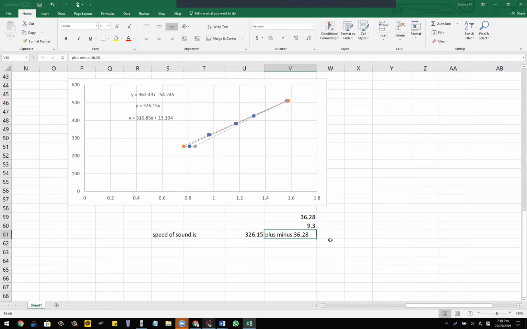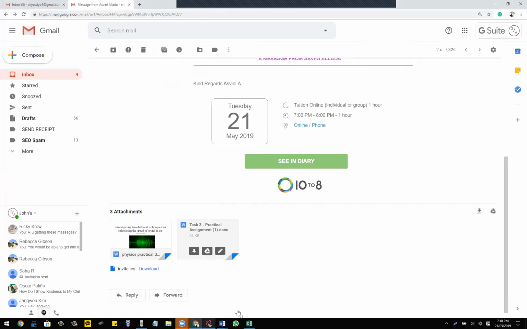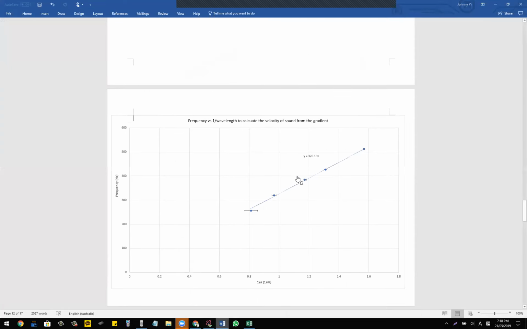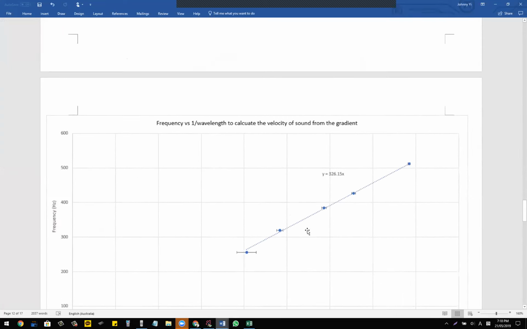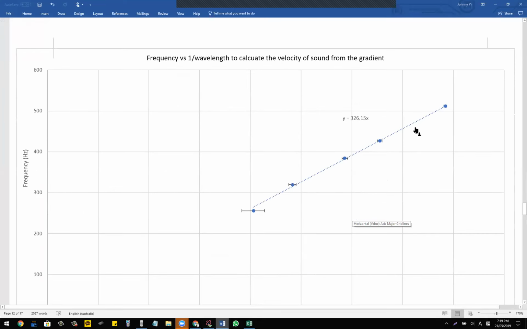So that's how you found the speed of sound with a bit of uncertainty, because you can't really say the speed of sound according to our result is 326.15. Obviously, that's not accurate. There must be some sort of uncertainty, and that can be calculated using the maximum gradient and minimum gradient.